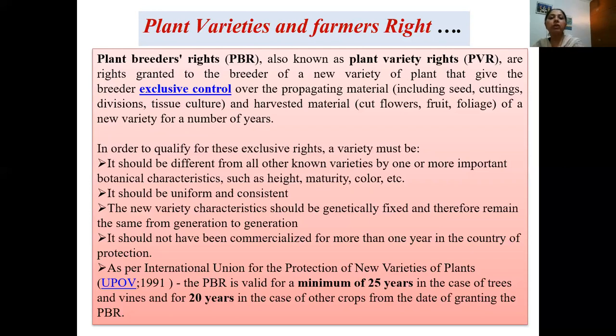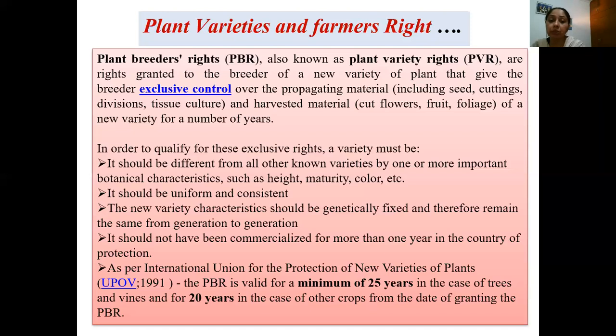In order to qualify for these exclusive rights, the new variety must be uniform and consistent. The new variety should be genetically fixed and therefore remain the same from generation to generation. It should be stable, I think that's the best word. It should be genetically stable, and it should have those genetic characteristics which should be stable through one generation to other generation.